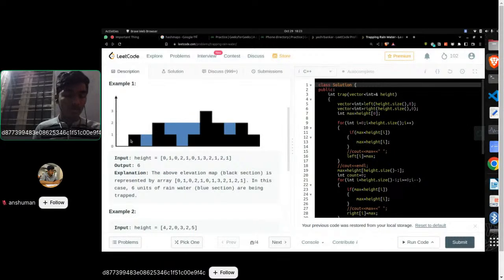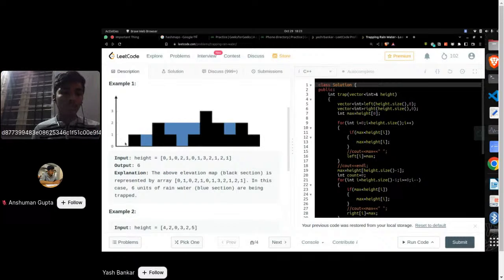For example, water is trapped between these two bars. How much water is stored here is determined by the lower of the two: if the height of this bar is 2, then the trapped water must be 2 units. This is the basic logic.